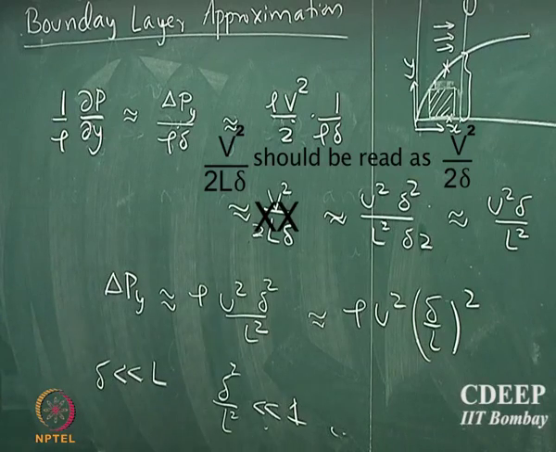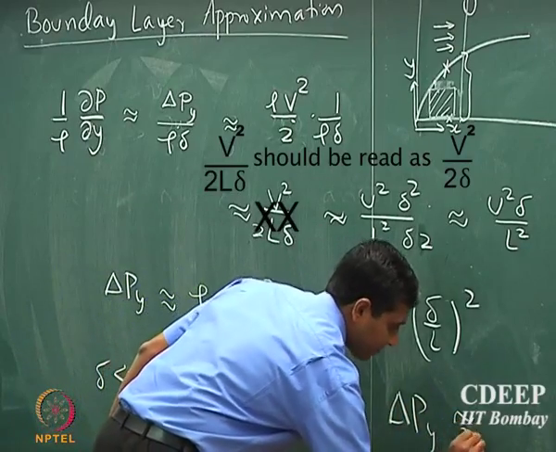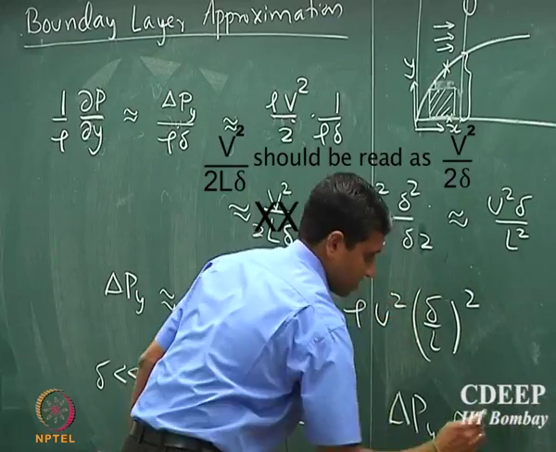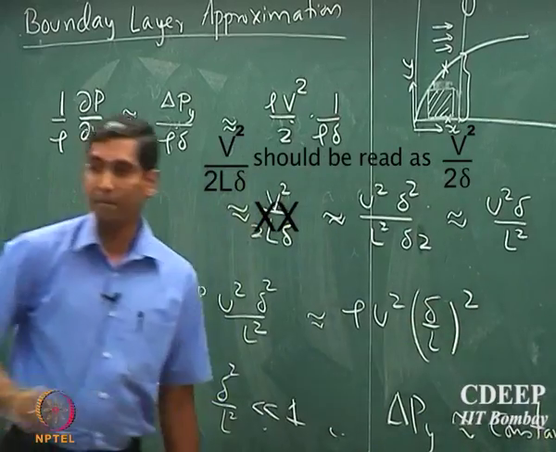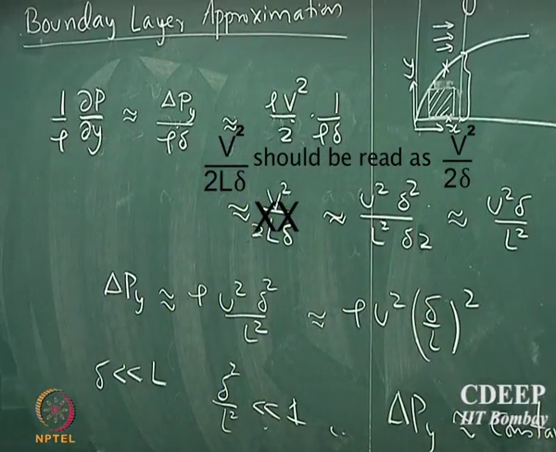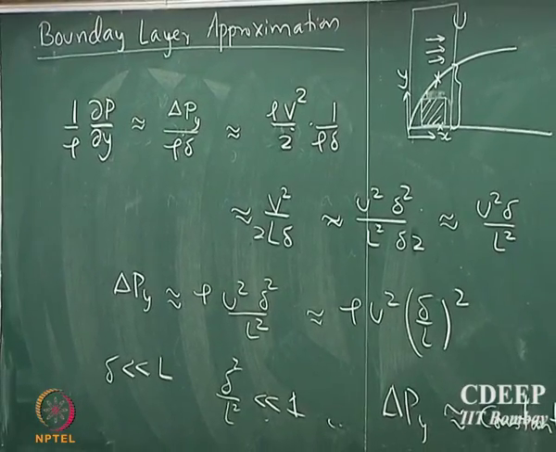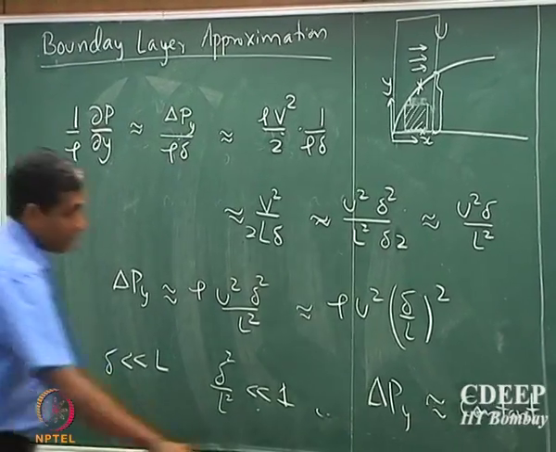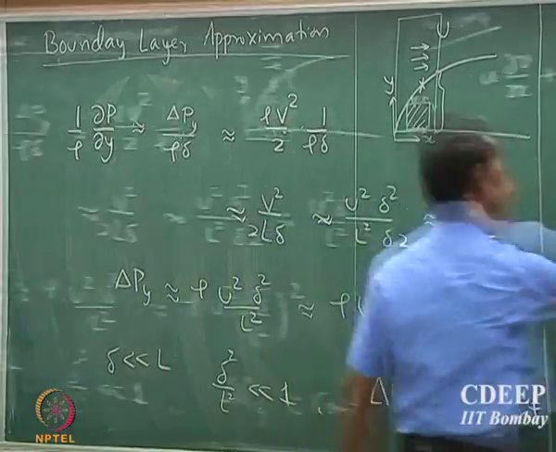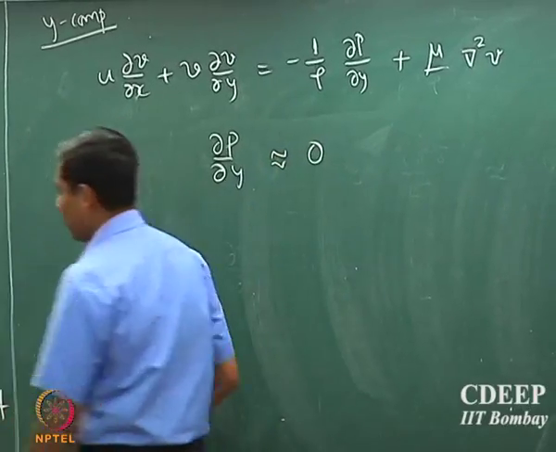So you expect that the pressure change in the y direction should remain approximately constant, which means that dP by dy should be approximately 0.